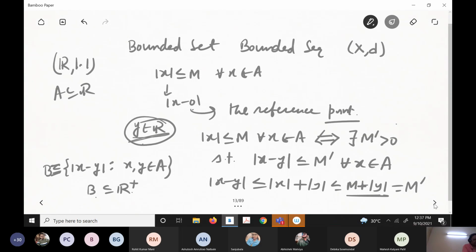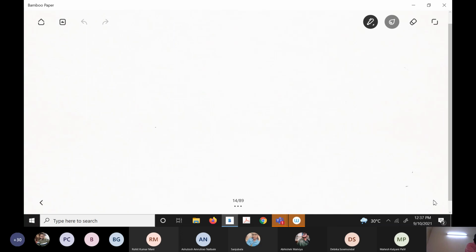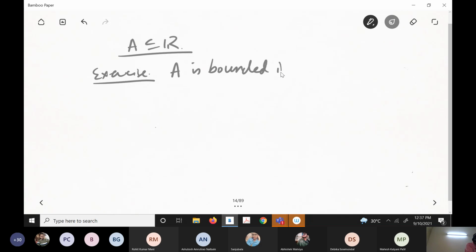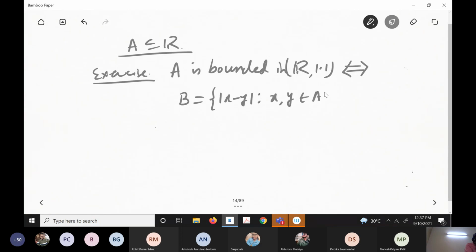So if you take a subset of R, exercise: A is bounded in R precisely if and only if B, this set, is bounded. Why am I doing it?